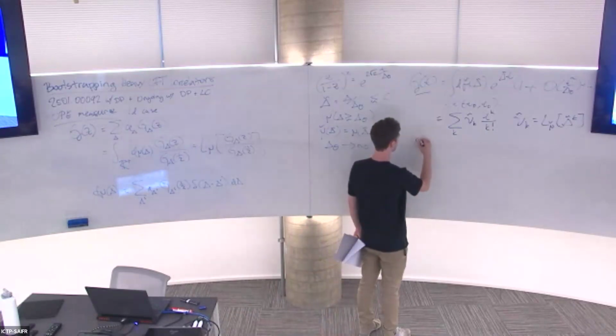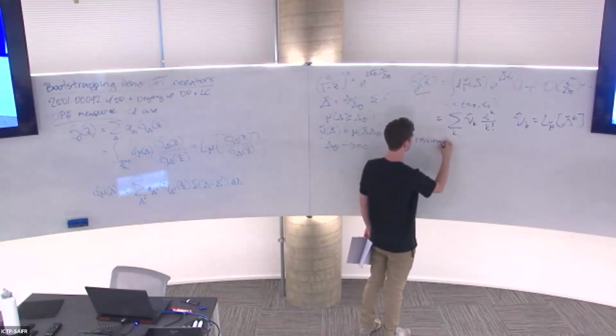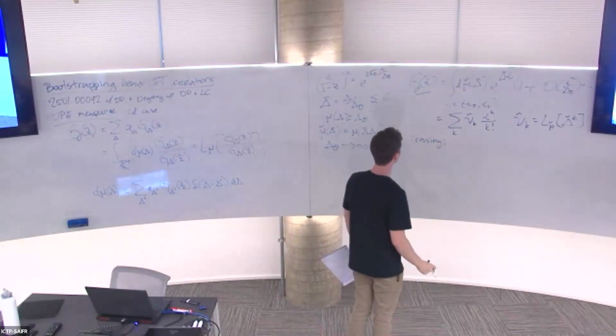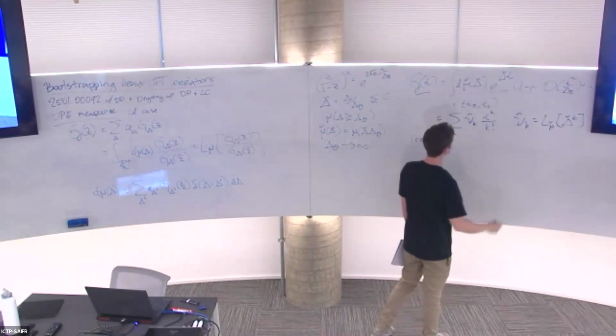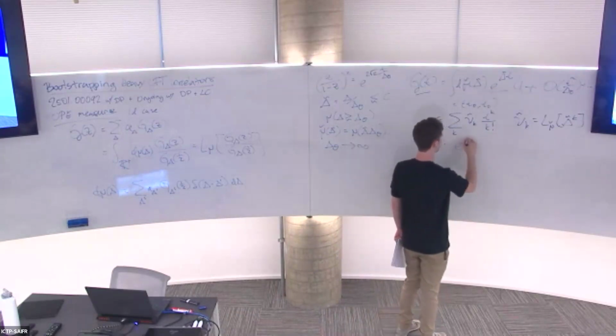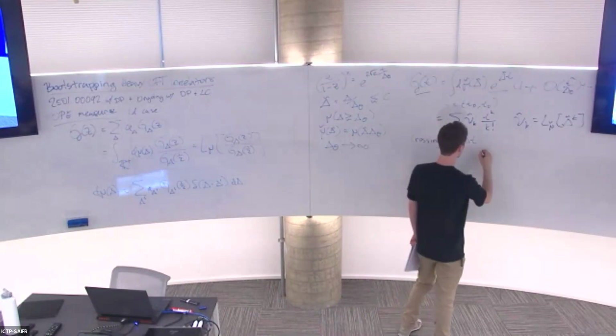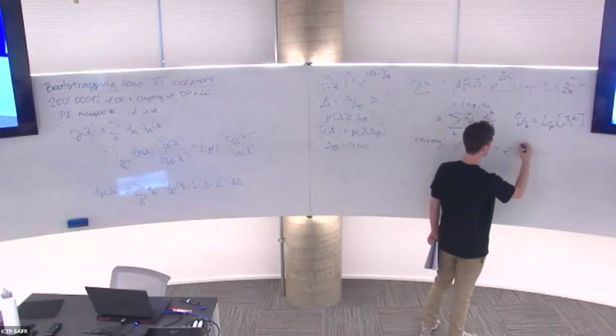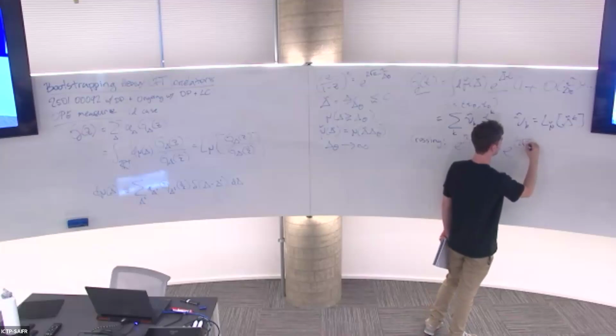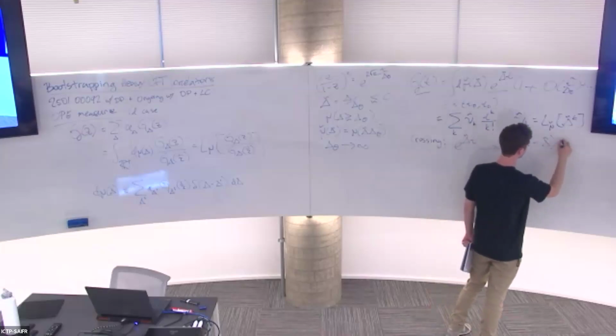Let's first think about crossing. So under the t-channel, the image under crossing, this kind of ratio block maps from e to the delta twiddle t to e to the 2 square root of 2 minus delta twiddle t.